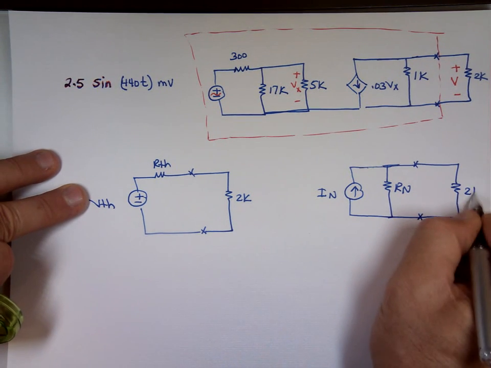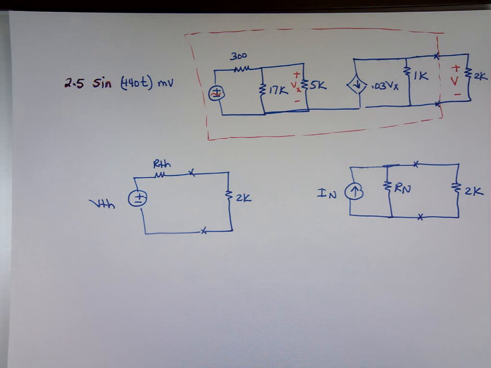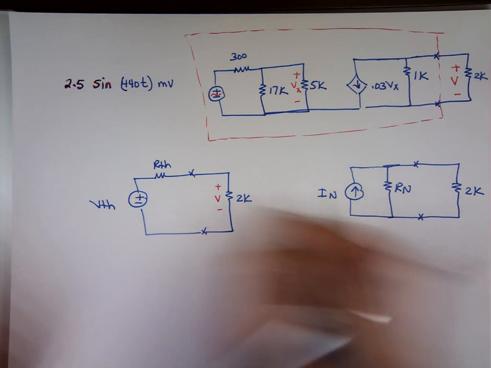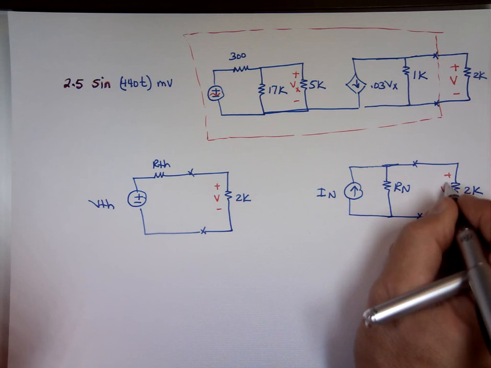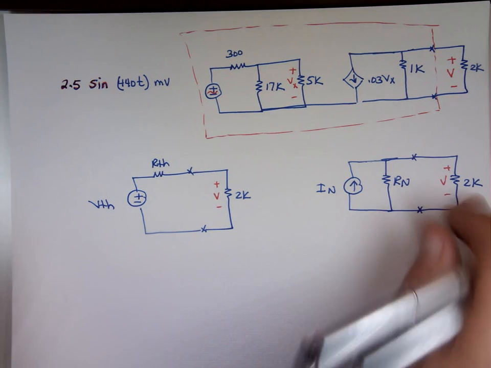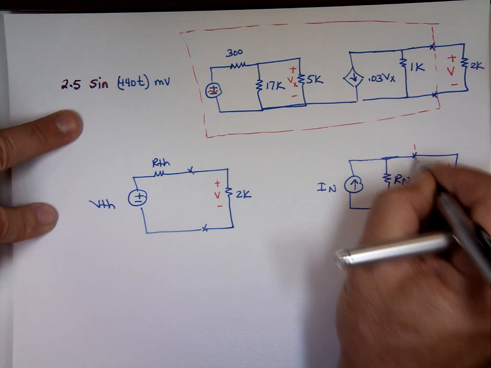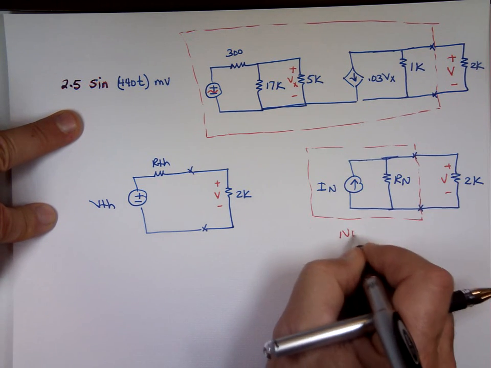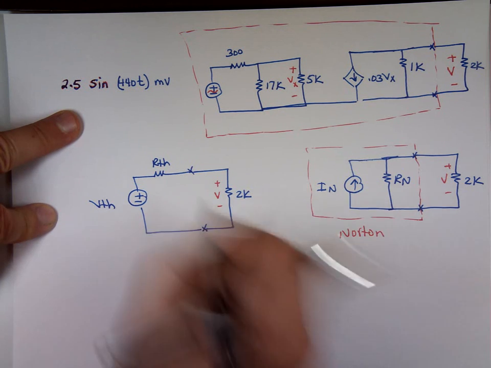Then you can answer the question they're asking us to find what that voltage is. I can use voltage division here. I can find the current through it and multiply that by 2K and get that. So this is your Norton equivalent. And this is your Thevenin equivalent.